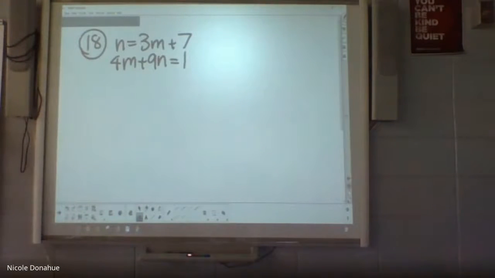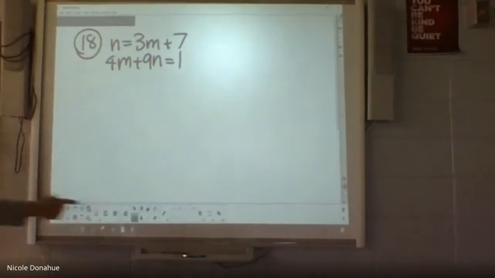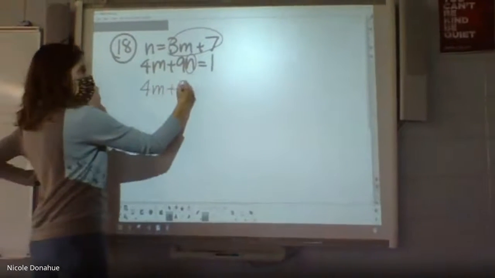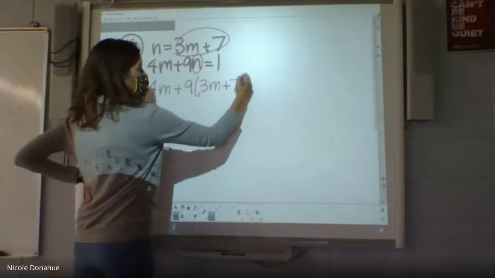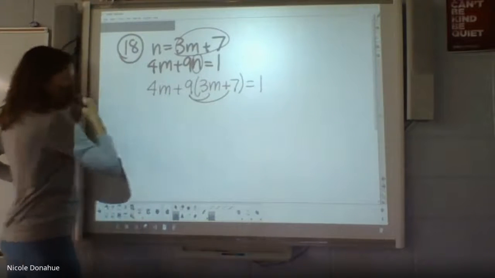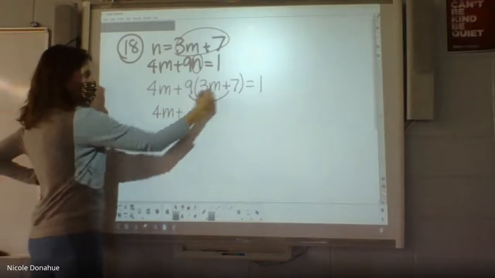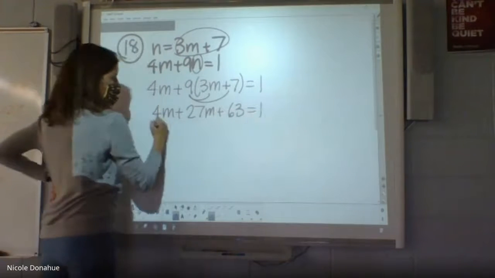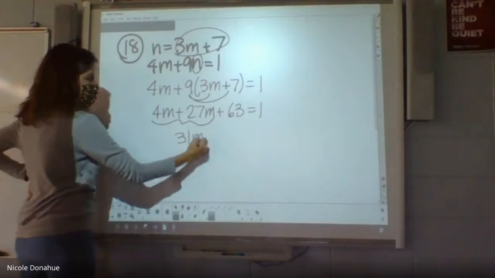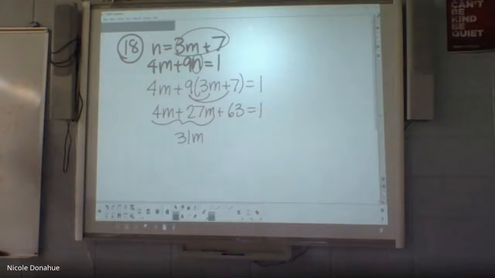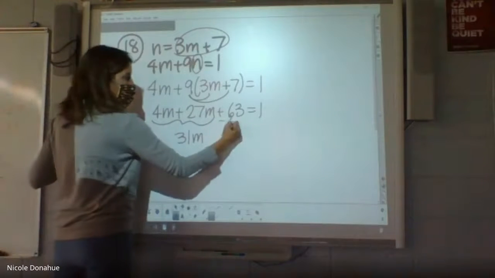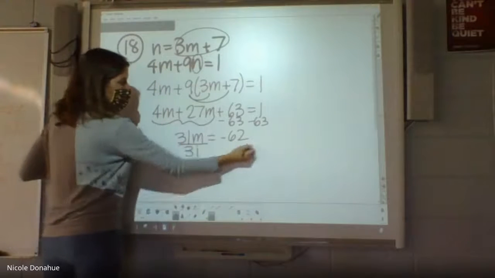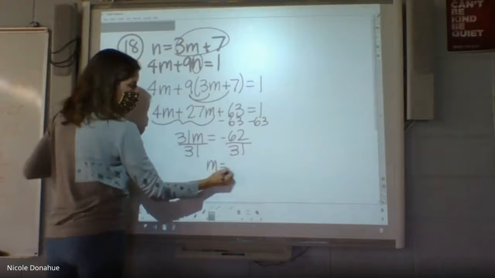So now in 18, 3m solved for n. So I'm going to substitute that in place of n. So this is going to be 27n, and then that's 63. m ends up being a negative 2.